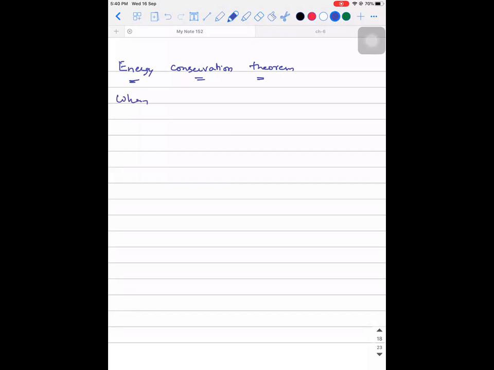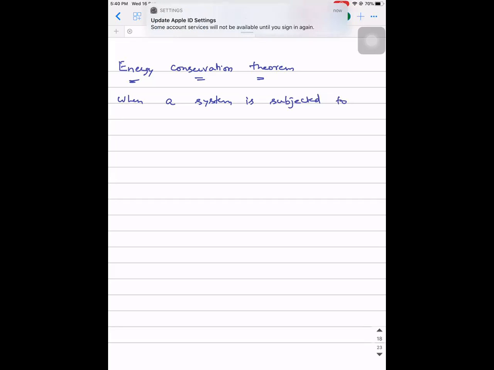When a system is subjected to conservative forces, please underline this word.